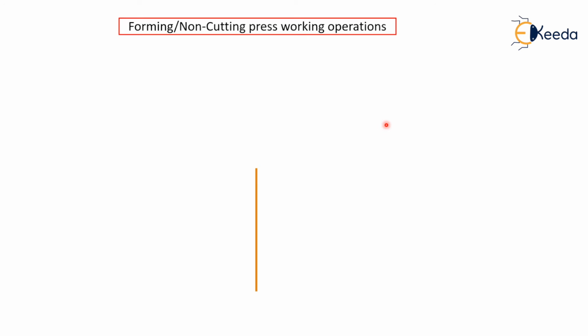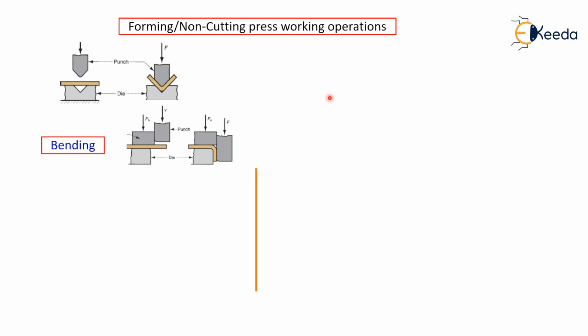In the last two slides, we have seen the different cutting operations. For getting components from sheet working operations, you can have forming or non-cutting sheet working operations as well. First is bending.